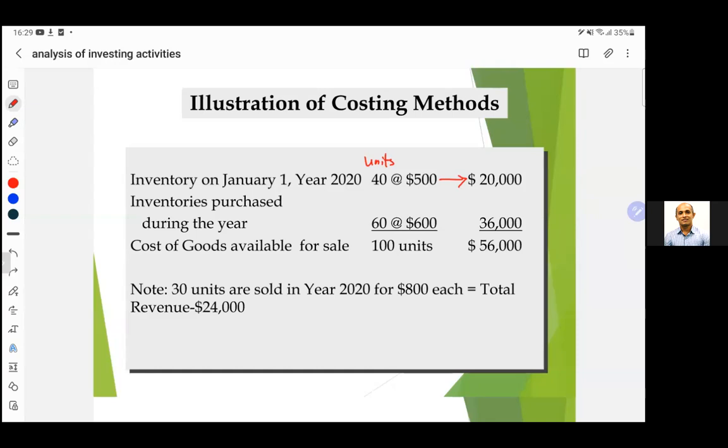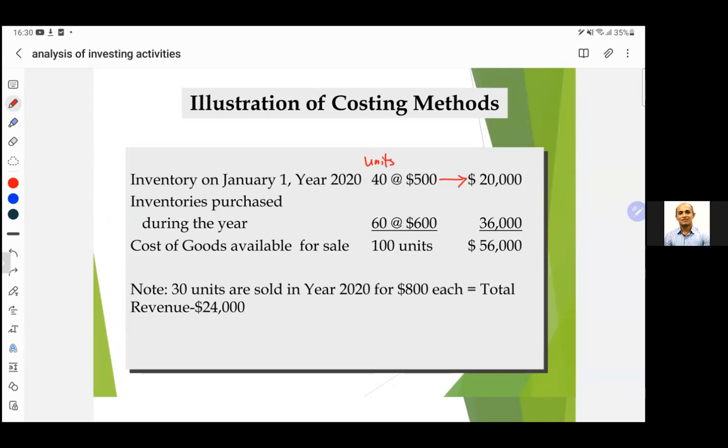This is an inflationary situation, and you see the real situation in our country. The product prices are going up because we face a very high inflationary situation. The product prices are rising within a very short time period.